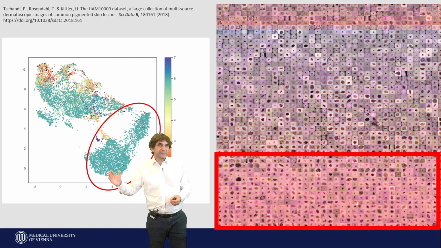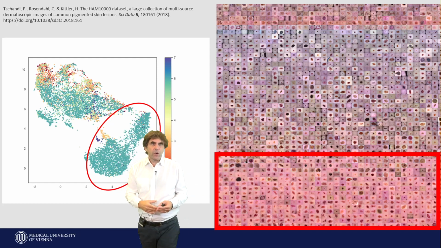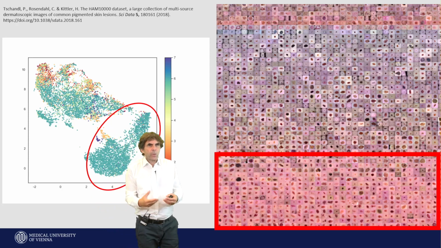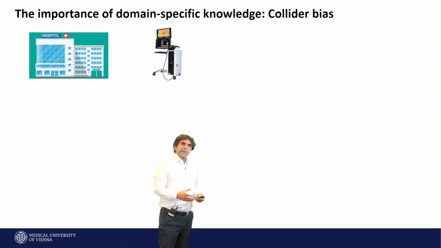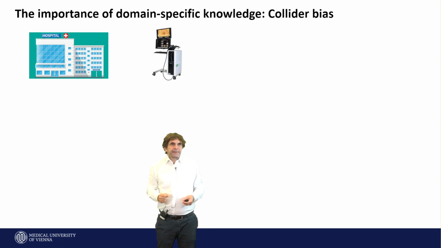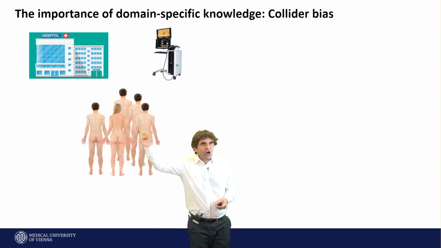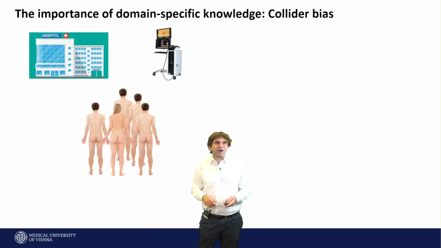You can see here that this cluster contains mainly one sort of diagnosis, which is nevus, and only the other cluster contains also a number of other diagnoses. What does this mean? This introduces a kind of bias. Which kind of bias? The digital system that has been used in one source, in one hospital, has been used for a reason, because this hospital is specialized in monitoring patients with multiple nevi.